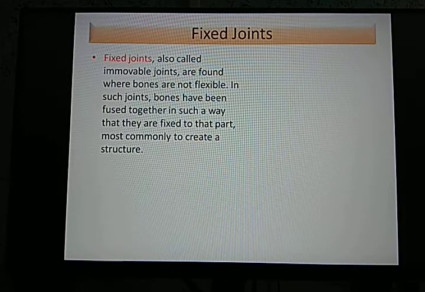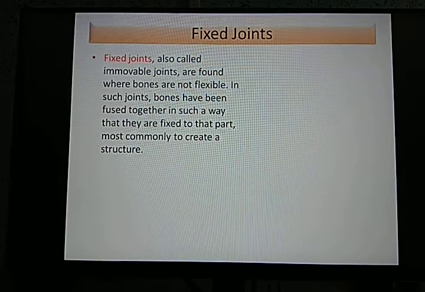Means in the fixed joints, there is very little movement, as it is connected to the main structure, and as a result these joints move very little, or you can say they are almost immovable.